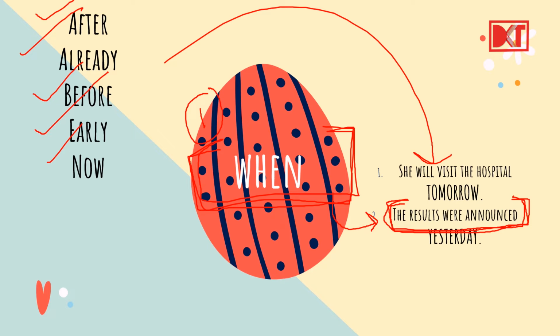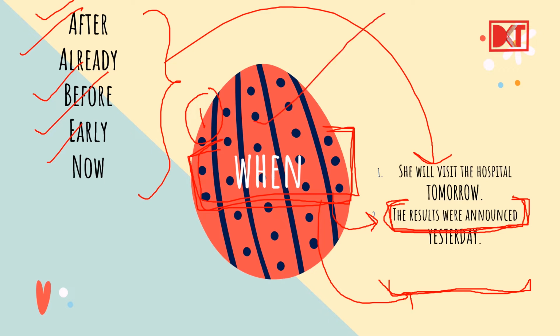Now, when is being answered by which word? Yesterday. So, adverb here is what? Yesterday. Okay, this is the first category of questions being answered. These are the other adverbs which we can use while answering the questions of when. Now next category.